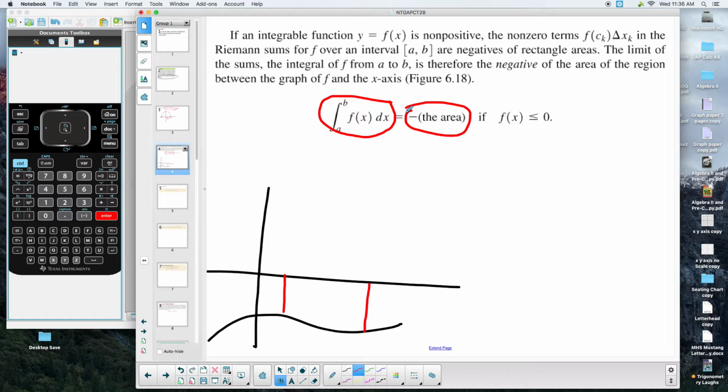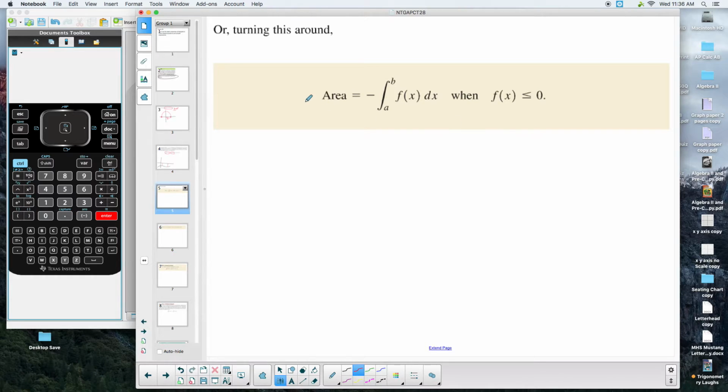It's another way of denoting direction. Your integral will be negative, that means the area you're looking for is underneath the x-axis. So if it's below, area equals negative the integral from a to b of f of x dx.